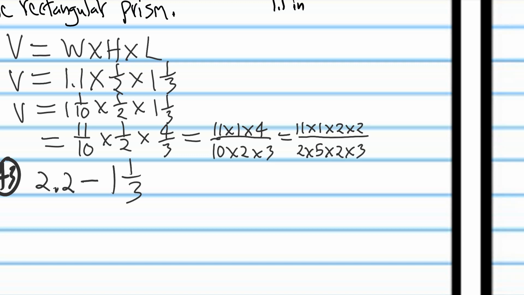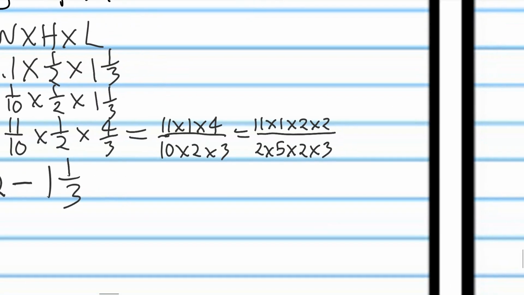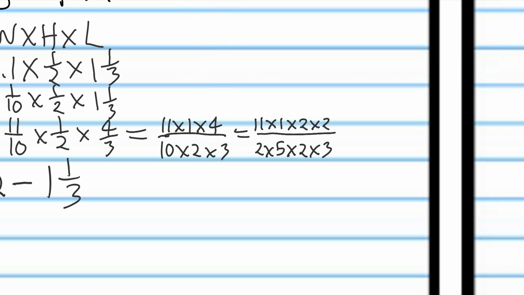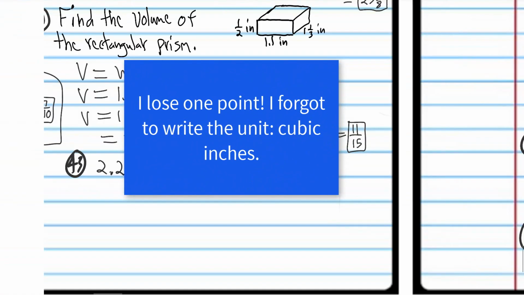And you don't necessarily have to factor completely, but I'm just doing it so you can see the full extent of prime factorization. So now we have 2's cancel out, and another 2 cancels out, and then on the top we have 11 times 1 is 11, and the bottom we have 5 times 3 is 15. So if you got 11/15, good job.